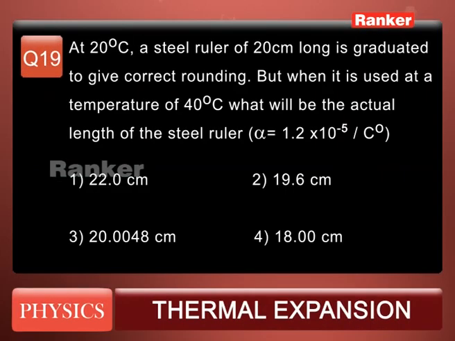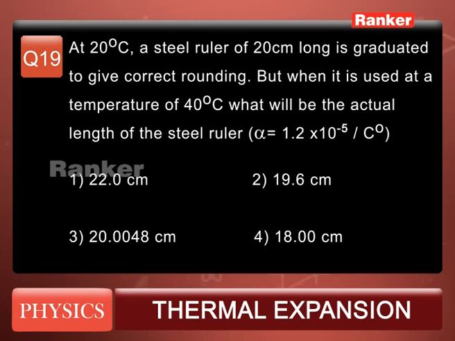Question number 19. Question is this. At 20 degrees Celsius, a steel ruler of 20 centimeter long is graduated to give correct reading. But when it is used at a temperature 40 degrees Celsius, what will be the actual length of the steel ruler?